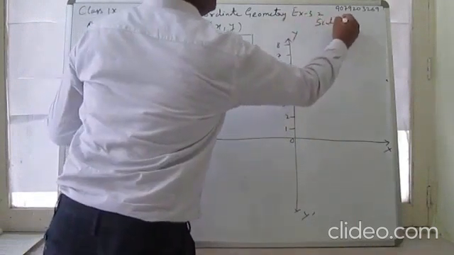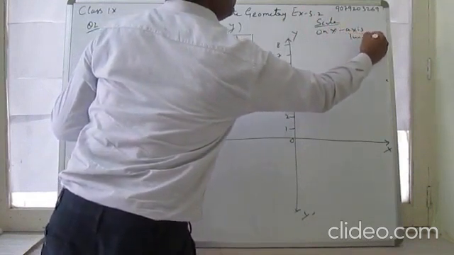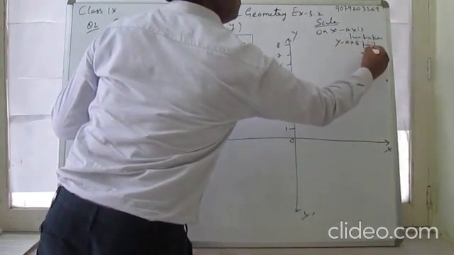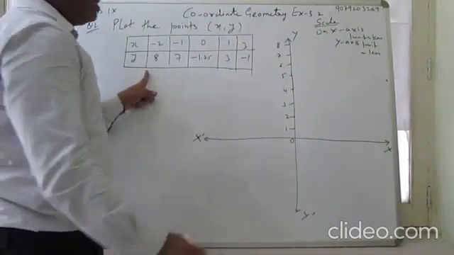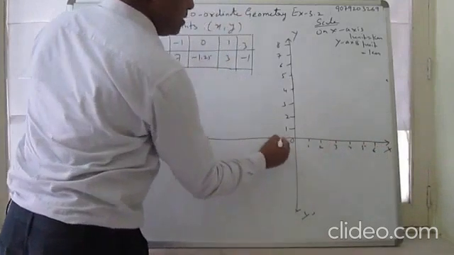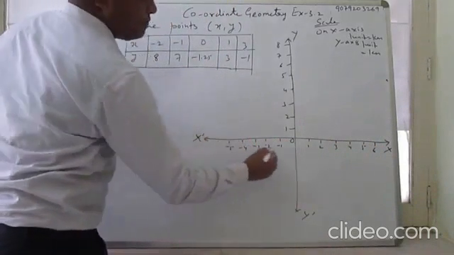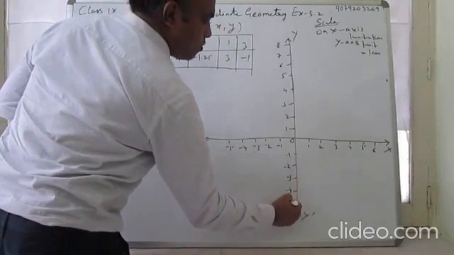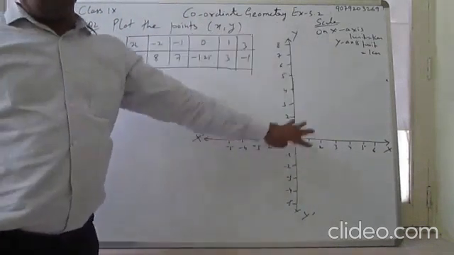We take the scale: on the x-axis, 1 unit is equal to 1 centimeter, and on the y-axis, 1 unit is equal to 1 centimeter. Since we have graph paper, it is already 1 centimeter. Then 1 to 6, and minus 1 to minus 5 on both axes. This is our Cartesian plane.